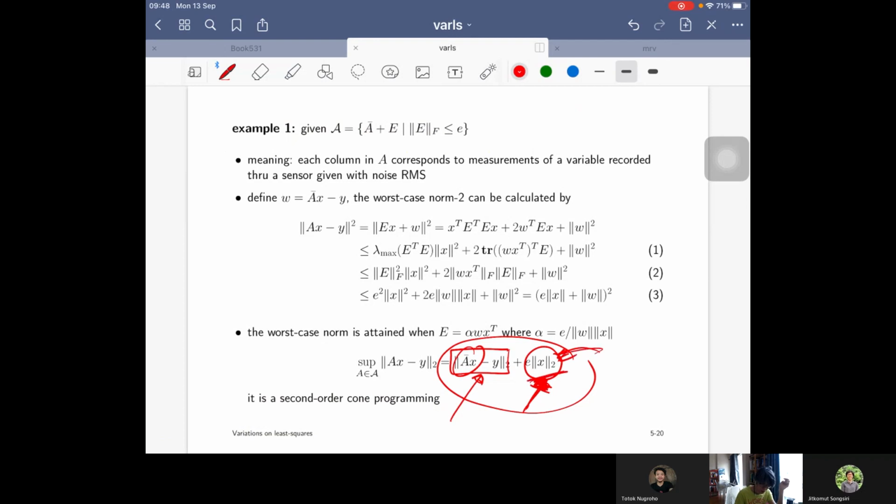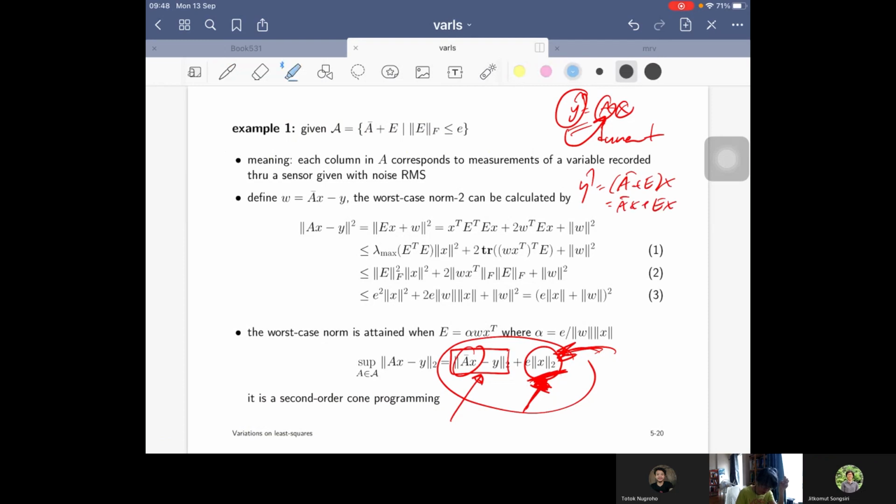Because when you reduce the size of x, when you use A times x to get y hat, because your A is uncertain, when the norm of x is smaller, it makes your y hat less sensitive to A, because your A is going to be A bar plus E, right?